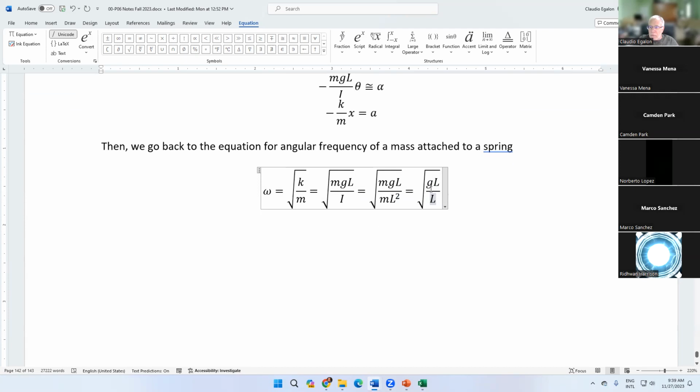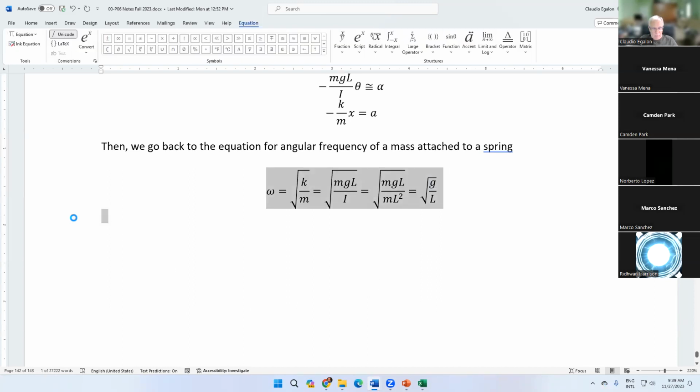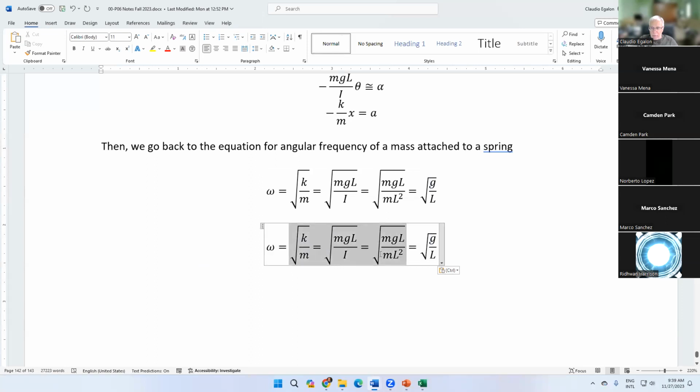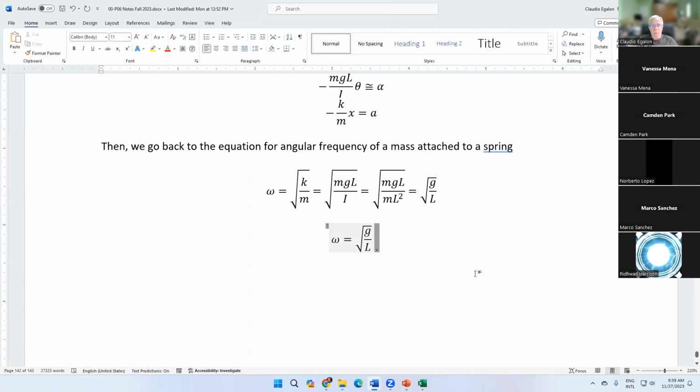L squared cancels with L. And here is what we get for the angular frequency of my simple pendulum: omega is the square root of g over L.